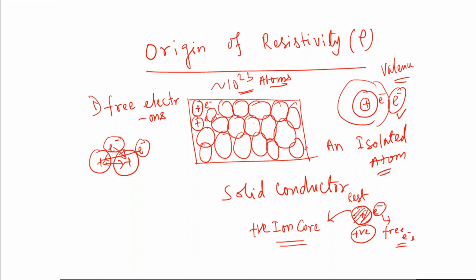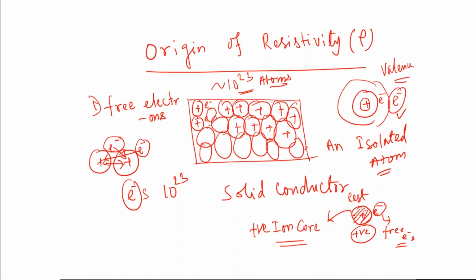That potential has been derived by Hartree-Fock, Dirac and others. So there are positive ion cores, and the electrons are actually free. If I have 10 to the power 23 atoms, then I will have almost 10 to the power 23 electrons in this solid, and they are free to roam anywhere.